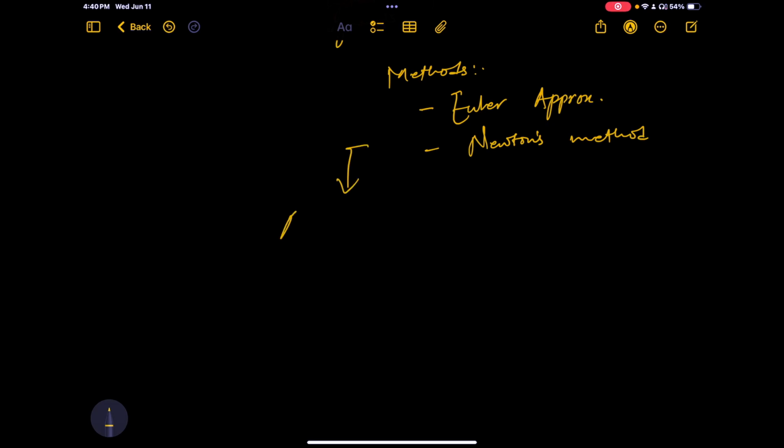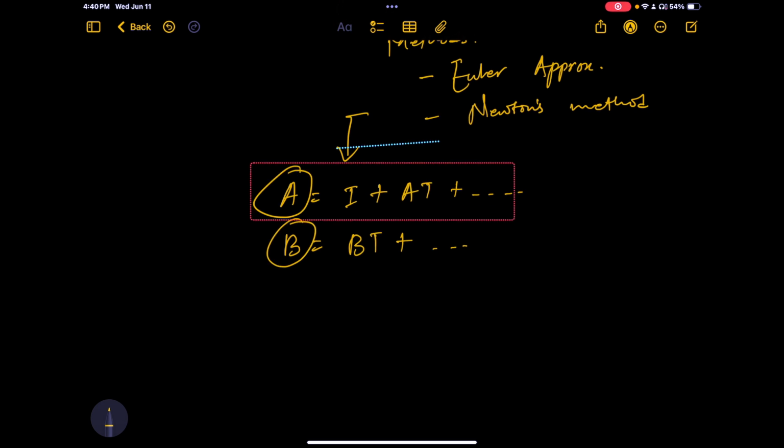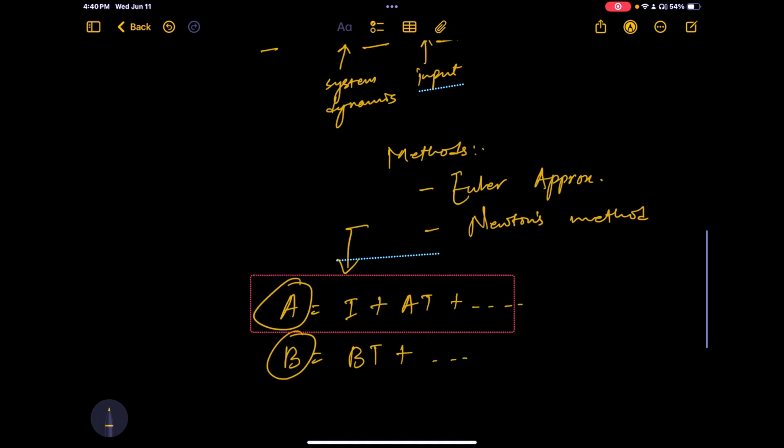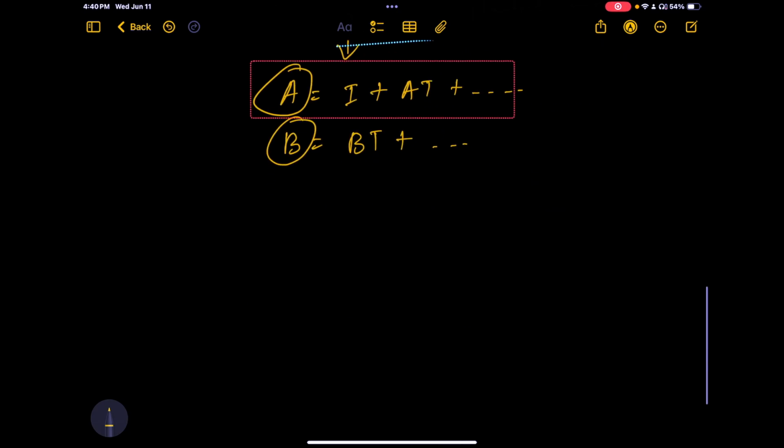How do you do it using Newton's method? You simply take A as the identity matrix plus AT, and this one will give you the approximation. And for B, you'll do BT plus other higher order terms, but we are ignoring those. In this way, we discretize A and we also discretize B. So we put this into the equation, and you will get your intended equations in the discrete time system.